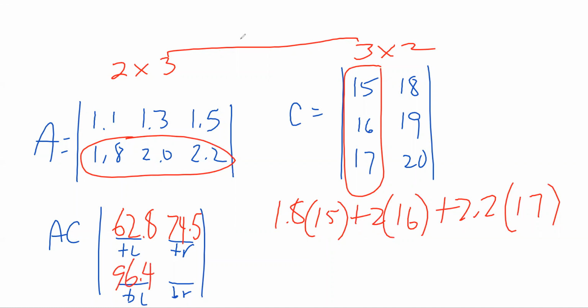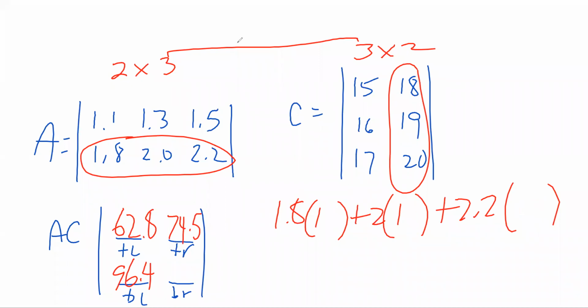And then last but not least, I have the bottom row and the right column, which is BR. So now I'm going to go and move over to this column. And then I'm going to end up multiplying 18, 19, and 20. And there's a lot of math that you might want to consider doing.